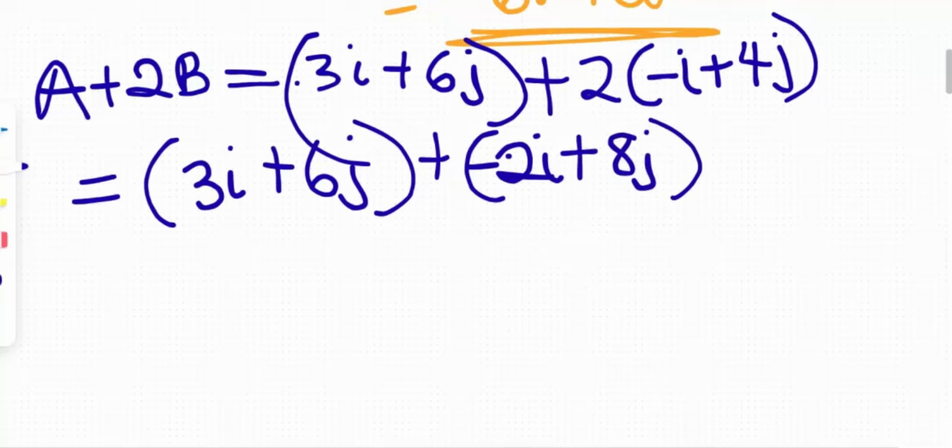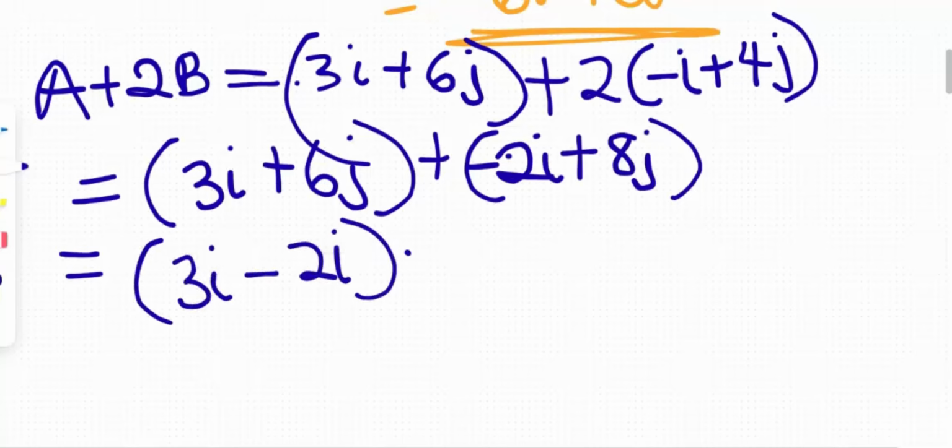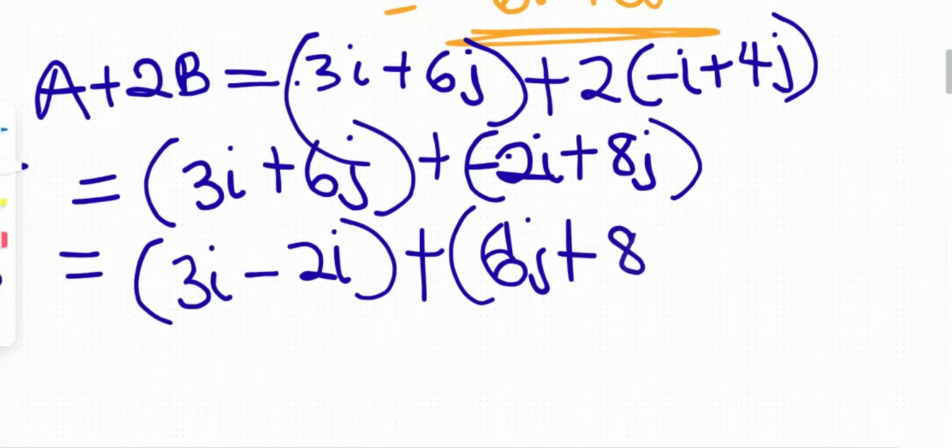All right, so now we have it as 3i plus 6j plus the bracket minus 2i plus 8j. Okay, so now for us to solve it out completely, we take the like terms. So it will be 3i minus 2i plus 6j plus 8j.